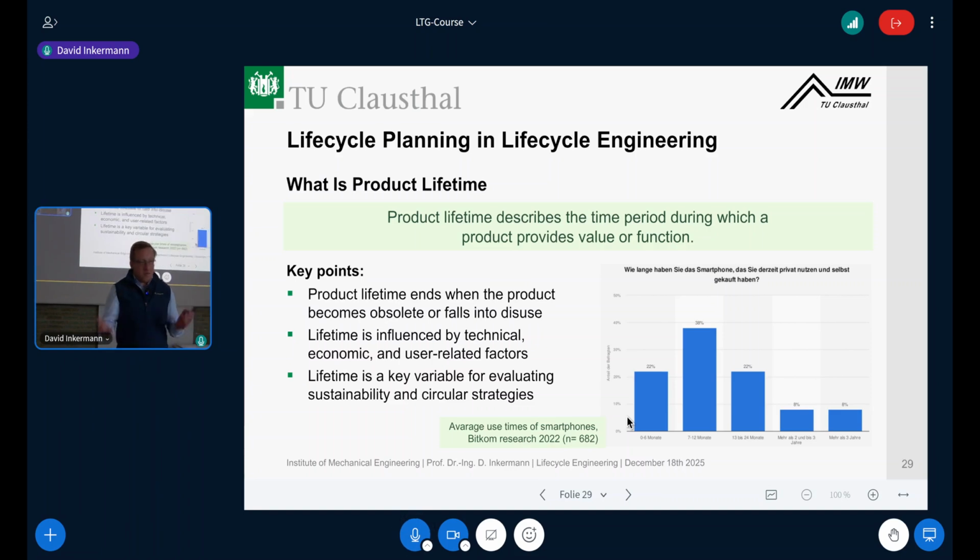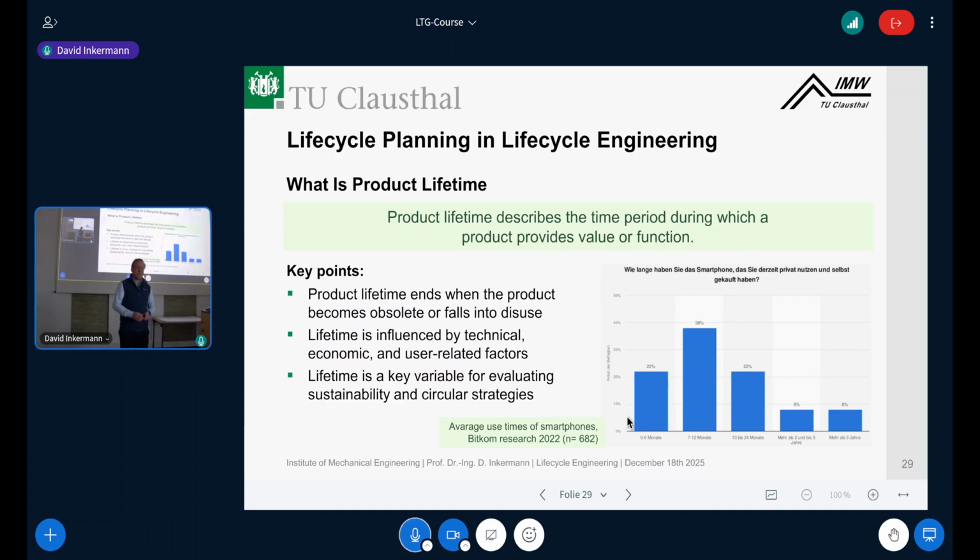And for sure, there's a definition of what a lifetime is, and generally speaking, the lifetime is the time or the period during which a product provides a value or a function. And that's a very important understanding, so it's not the physical understanding only.